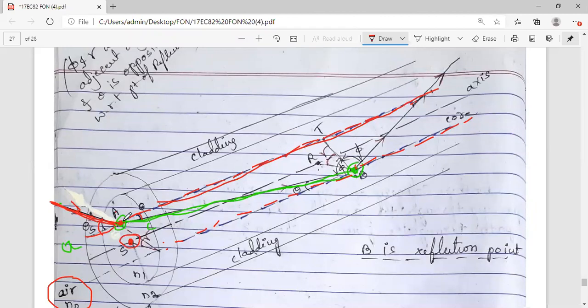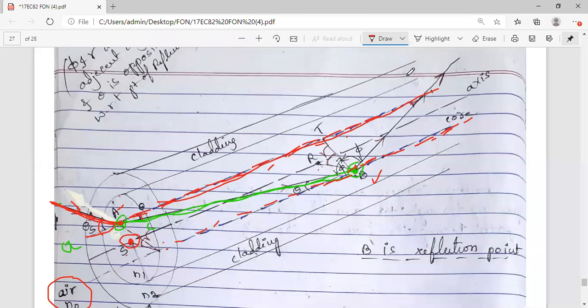But here there are two cases, two planes to be considered, as it will hit at point A and the point of reflection is point B. So whatever dotted lines I have drawn from A, this is one plane, and whatever dotted lines I have drawn for B, it is second plane. Two planes have to be considered here for analysis in order to find acceptance angle. Okay, and S is the center axis, center point.